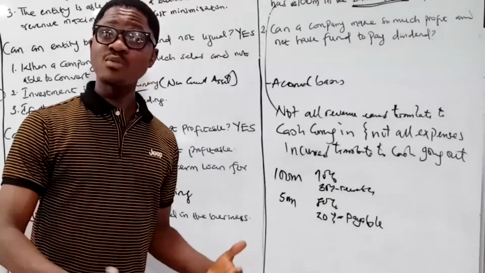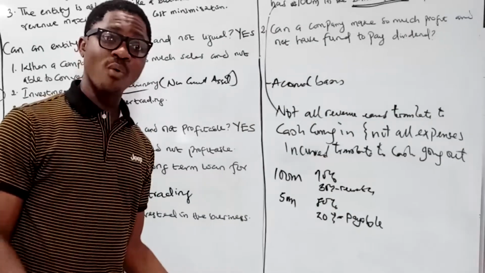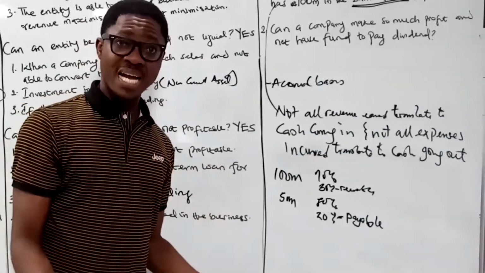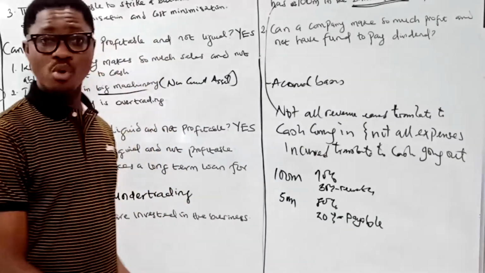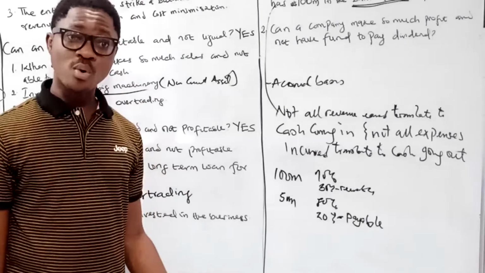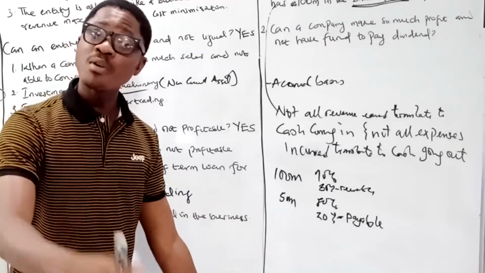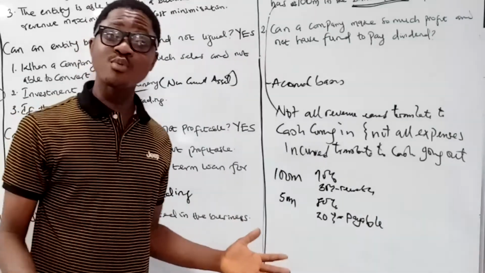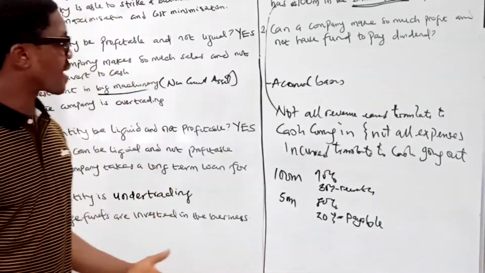Bad debt is also a non-cash transaction that is passed between the bad debt and receivable account. It doesn't affect the bank, but it affects the bottom line. Depreciation is also a non-cash transaction that affects the profit, how profitable the company is, but doesn't translate to the bank because cash is not paid to anybody. Hope that is very clear.